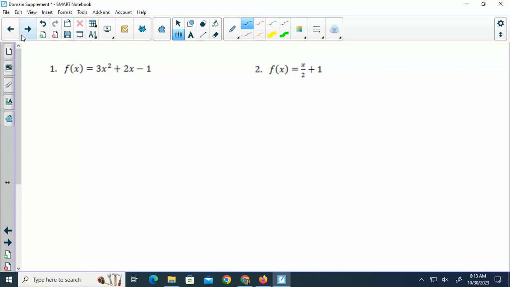Let's look at a problem. Alright, so number 1. Can you guys see that? F of x equals 3x squared plus 2x minus 1.